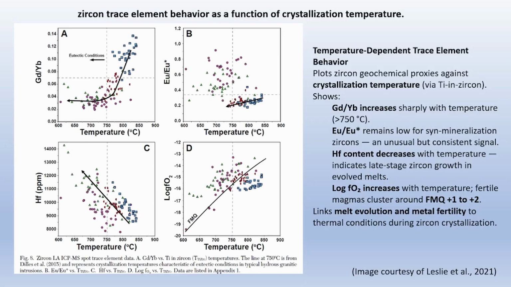So what's the difference between these two figures? The one tells you which intrusion is fertile, the chemistry-based fingerprint. And the other tells you how and when they became fertile through temperature evolution. Putting them together, you have a map to buried gold systems.